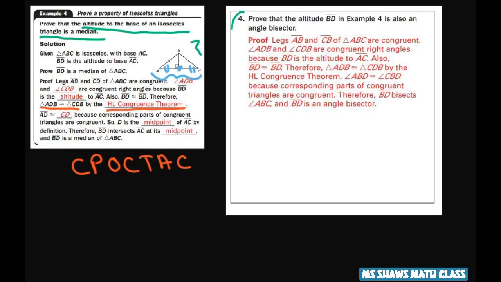And this part is kind of a fallout from this proof. So you can look at that if you want. But it's just saying that it's also a bisector of this angle here. So just take a look at that.